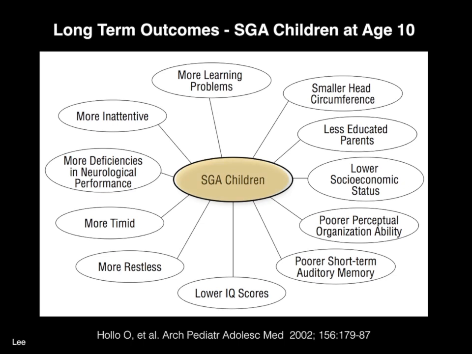A prospective study from Finland provides us with follow-up about the academic achievement of 106 SGA infants at age 10. 25% of SGA children were considered school failures compared to 14% of AGA children. Significantly more SGA infants had unfavorable backgrounds and deficient performances associated with poor academic achievement. They concluded that being SGA at birth can have a clinically significant impact on the academic achievement of a 10-year-old child.